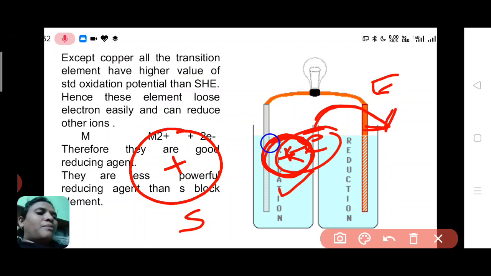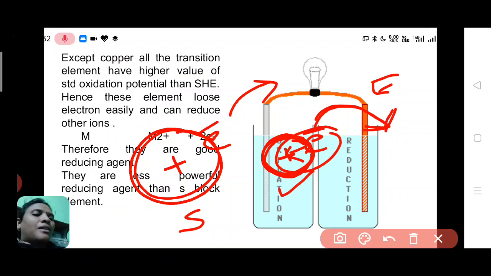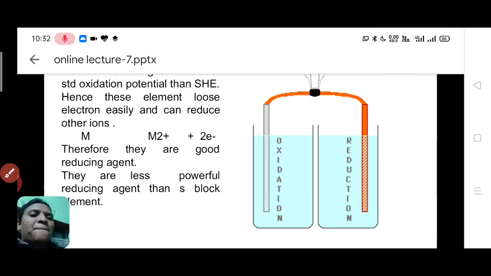So d block elements cannot lose electrons as readily as s electrons. S electrons can be removed easily, while d electrons cannot be lost so easily. So that's why s elements are better reducing agents as compared to d. This is all due to the difference in the size of d block and s block elements.